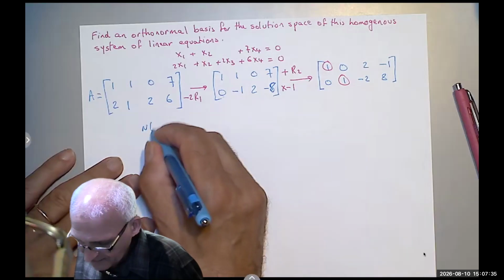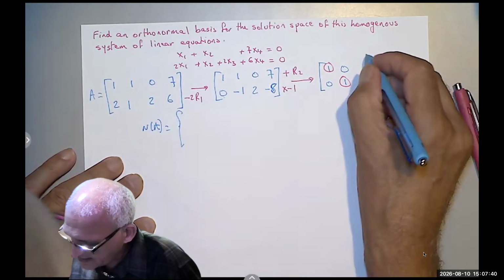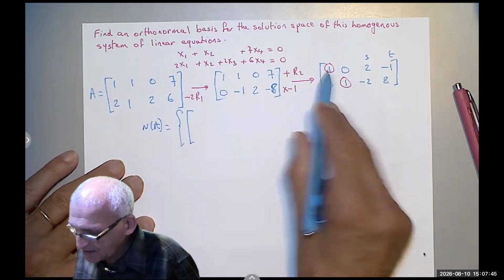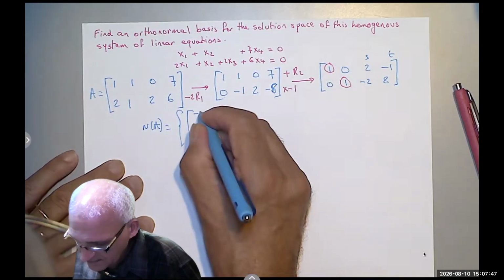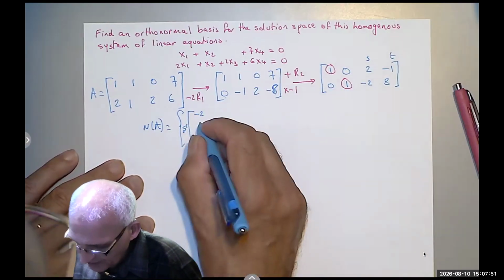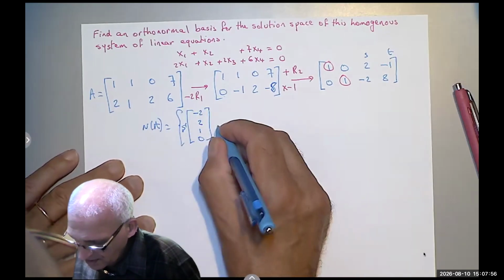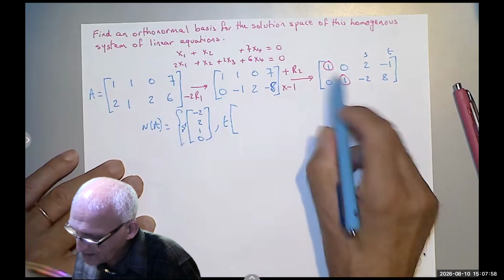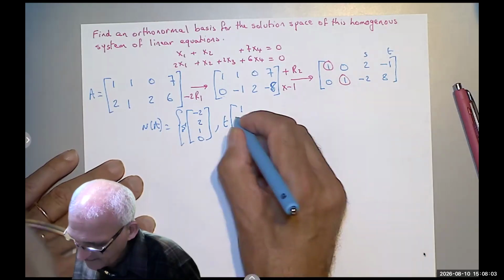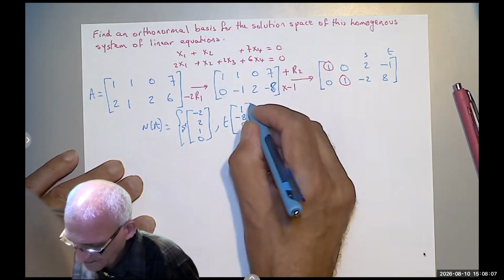the solution space, or the null space of A, can be written with parameters we call s and t. So like we did before, x1 is negative 2s, x2 is positive 2s, s is 1, t is 0, comma, x1 is t, x2 is negative 8t, s is 0, and t is 1.